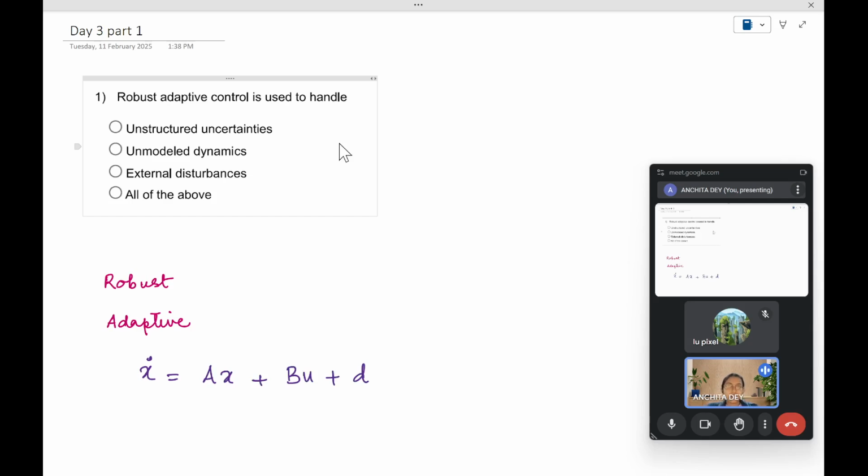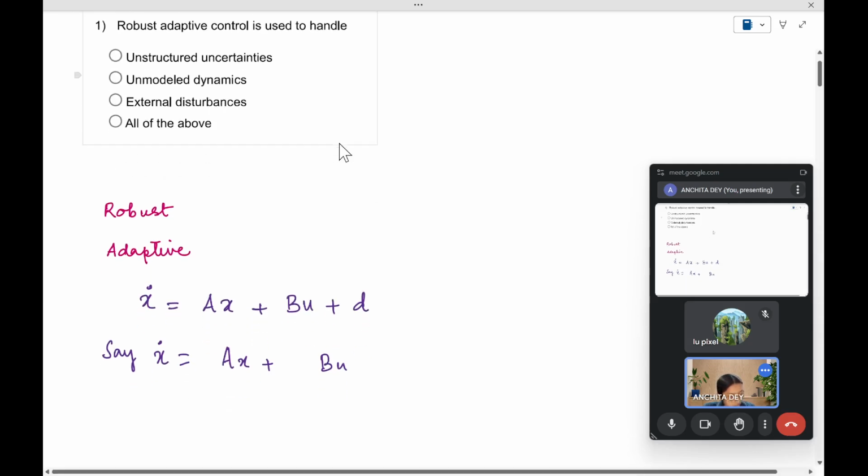Here, what is this d thing? It's simply saying that you might not know what lies inside the d structure. For example, your input might have a disturbance, like x dot equal to ax plus bu plus sine of t plus cos of t.